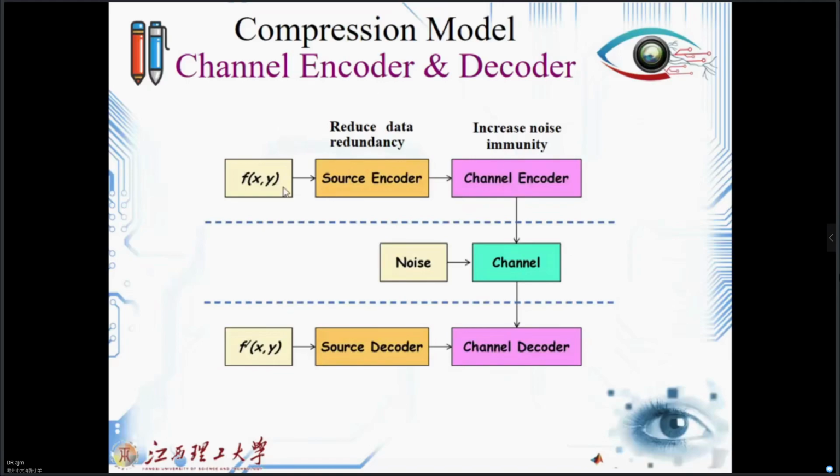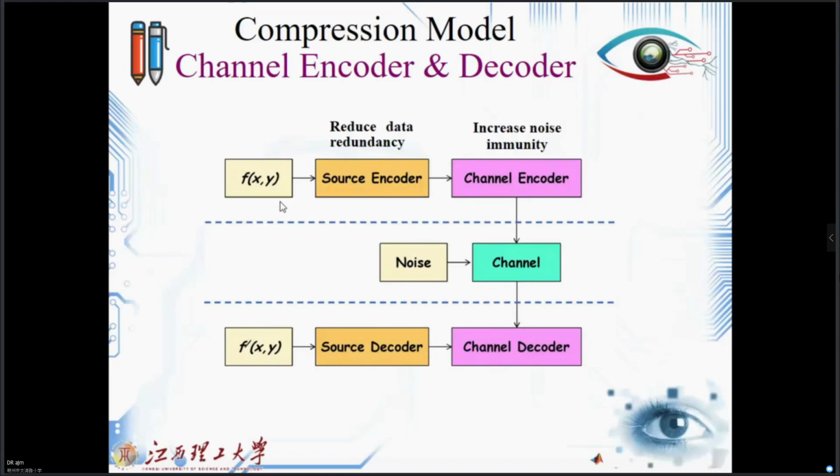As we also know, the image is an array of x and y, meaning a 2D representation of the photo or image. We should have some reduced data redundancy as the source encoder. After that, we should increase the noise immunity with the channel encoder. Then through the channel, we have some noise.